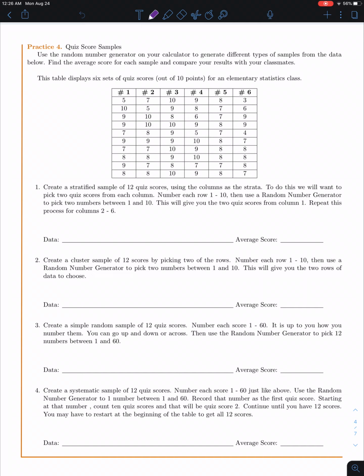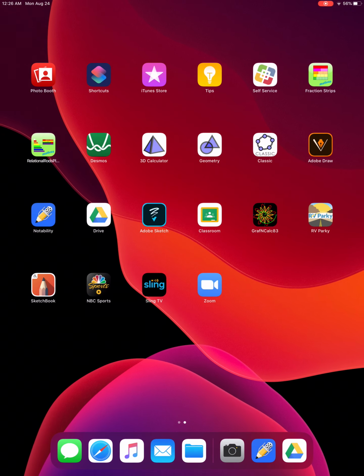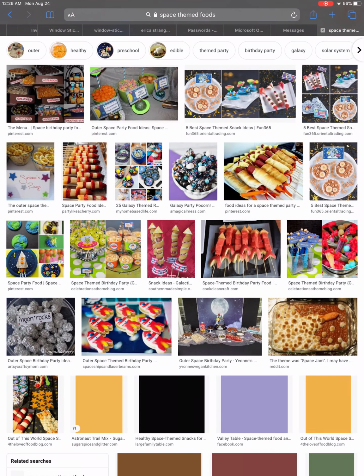So practice 4. With that one, what you're going to do is use a random number generator. If you don't have a TI calculator, that's okay. You can do a random number generator by just going to Google.